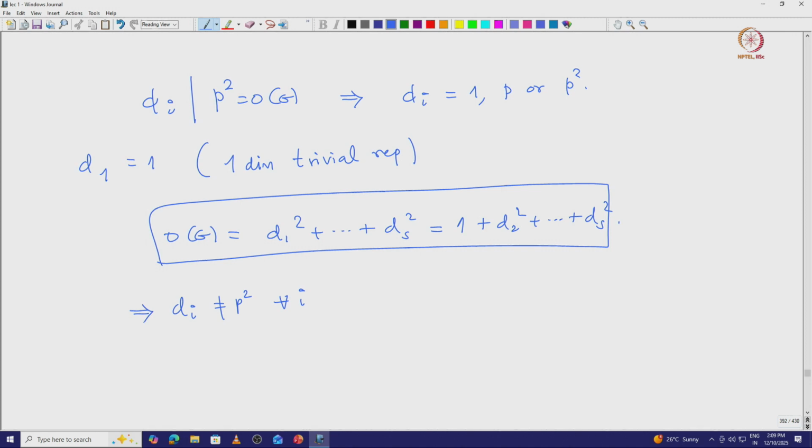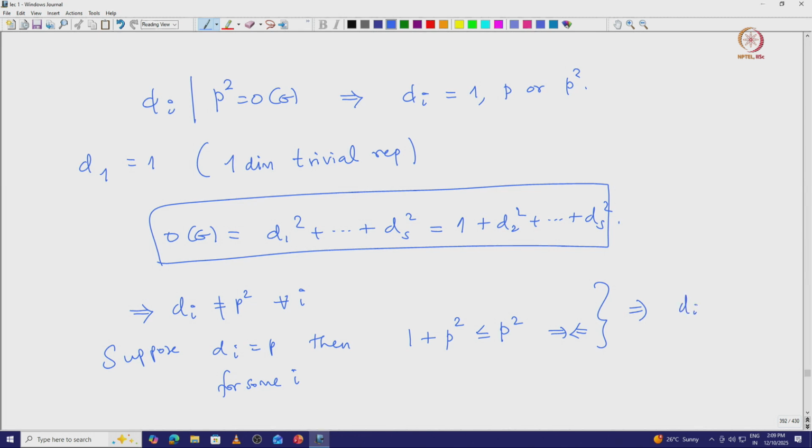Not only that, suppose d_i is p. Then we immediately get that 1 plus p square should be less than or equal to p square, which is a contradiction. So d_i equal to p cannot happen.